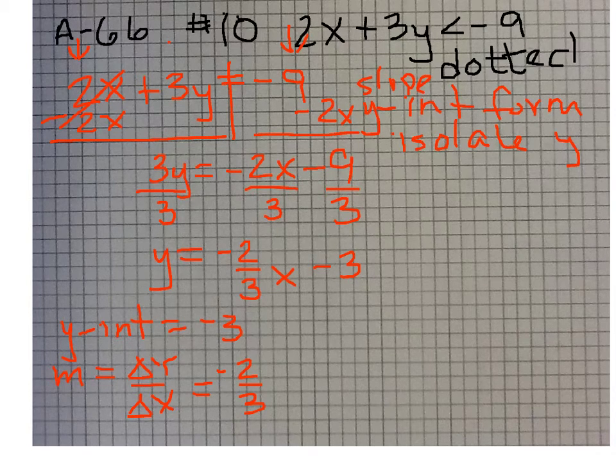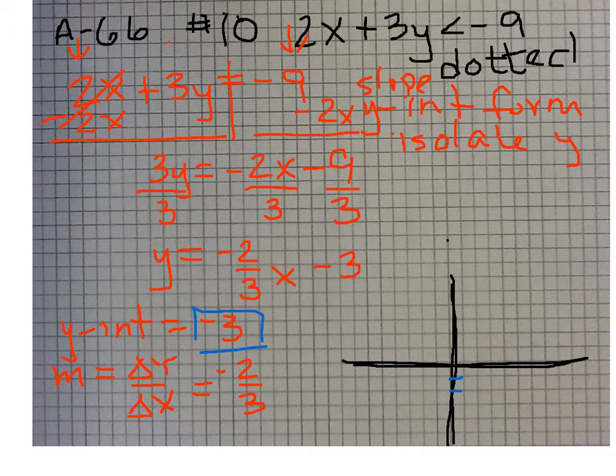So I'm going to come back over here, grab my black pen, and draw my axes here. It looks something like this. There we go. And let's go ahead and graph it now. I'm going to come down here, and I know my y-intercept is a negative 3.